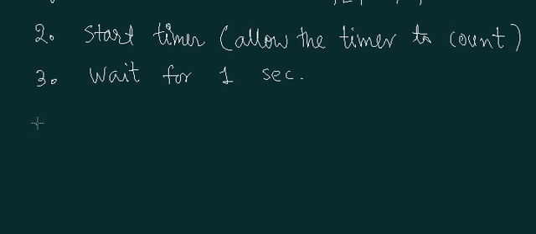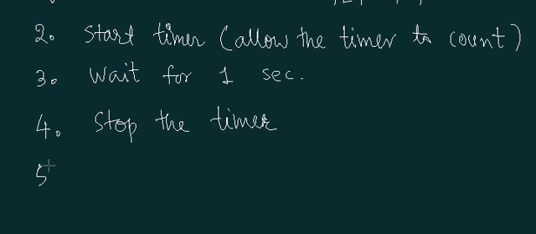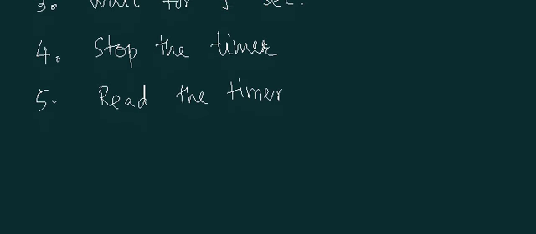Wait for 1 second. Now, what shall you do after 1 second is over? Stop the timer. Very good. Stop the timer, because to read the timer you need to stop it first. Then read the timer.